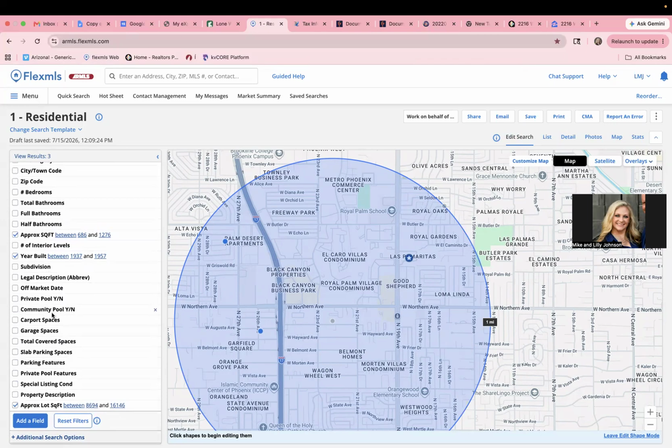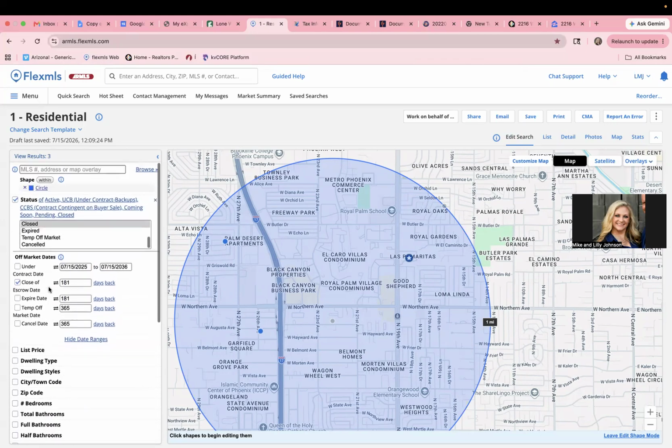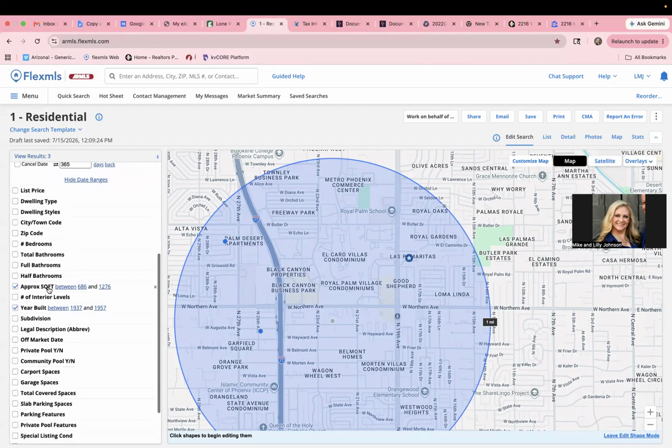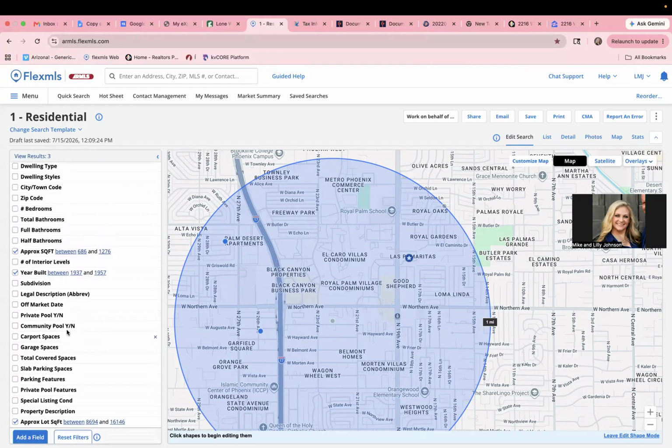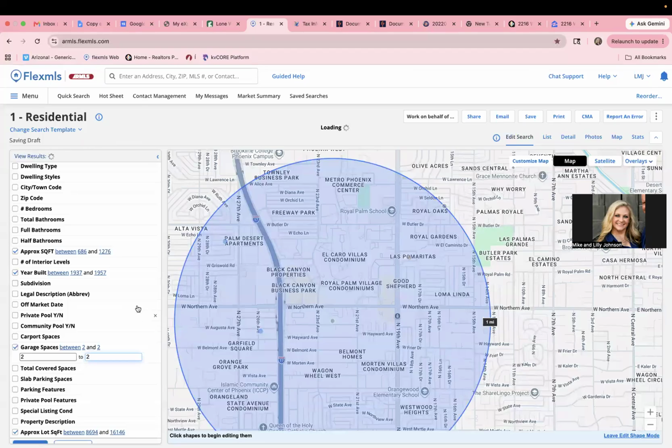Okay, so I am going to change this. And again, it's going to be different at every house. I know he has a pool, which is an asset, but he backs up to that apartment complex, which isn't great. I'm not going to use that language as a client, but okay, I'm going to just add garage and see what comes up.